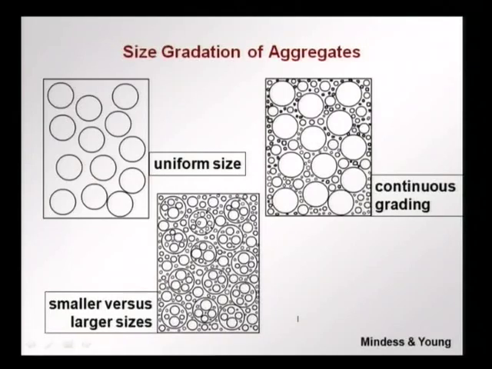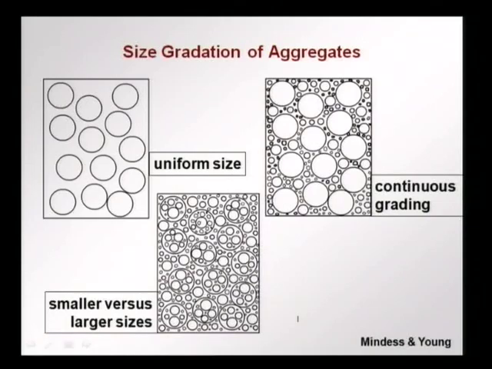So, there is a lot of thought that has gone behind what should be the gradation of aggregates, how should the aggregates be packed together, so that we have a highly dense aggregate skeleton within the concrete and require the least amount of cement paste to be used.